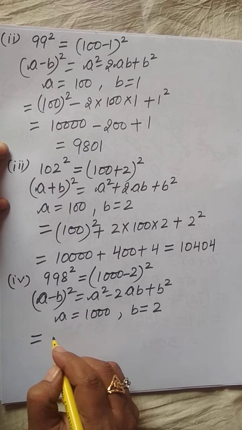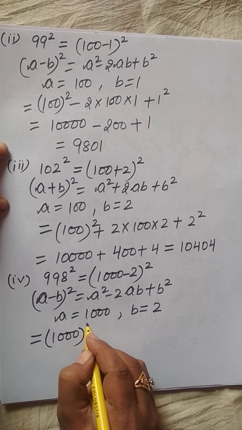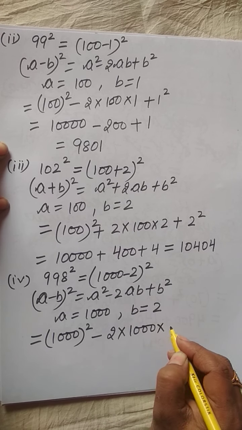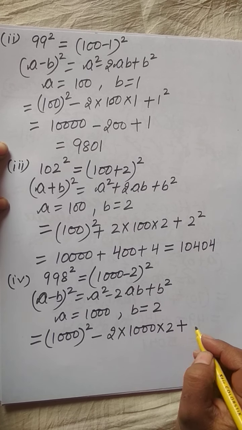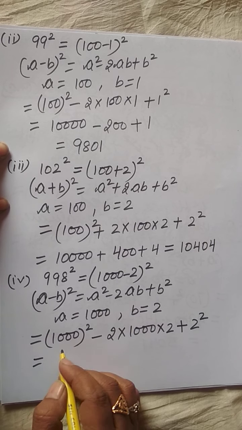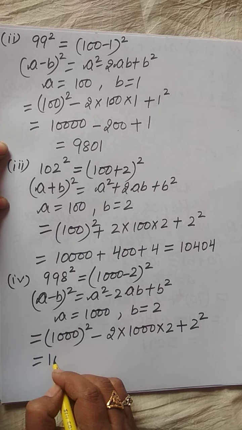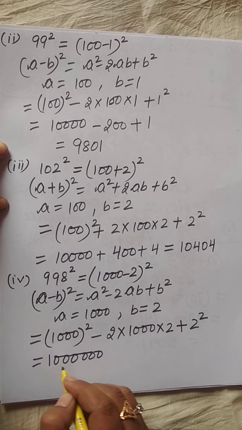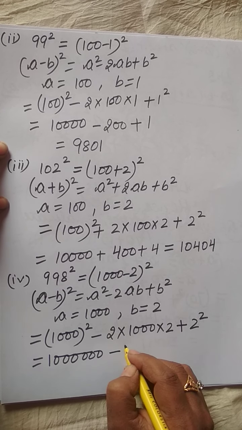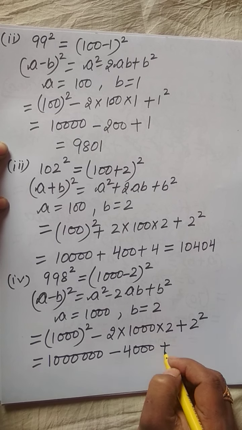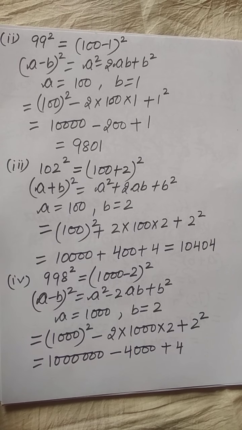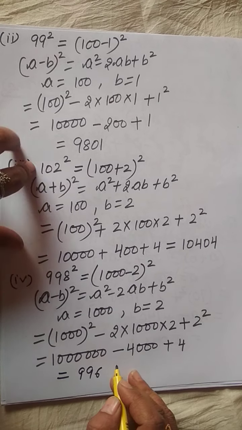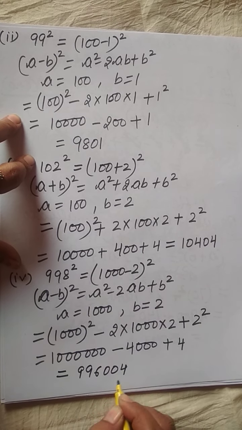Substitute the values: square of 1000 minus 2 multiplied by 1000 multiplied by 2 plus square of 2. Square of 1000 is 10 lakh, minus 2 2's are 4000, plus 4, which is equal to 996,004.